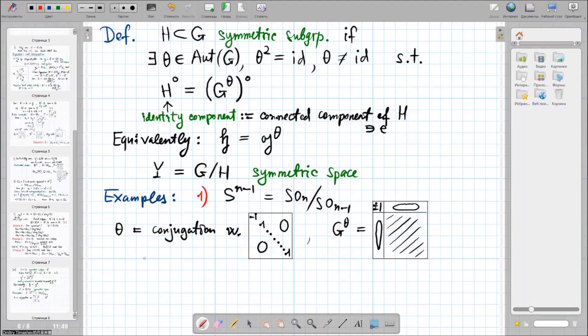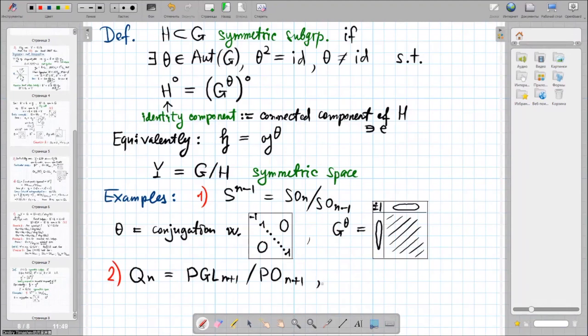The second example is the space of smooth quadrics, which we have seen some time ago. It is PGL(n+1) over PO(n+1).